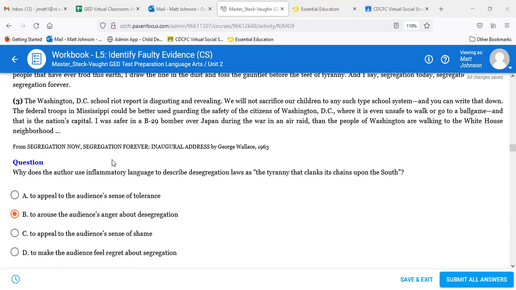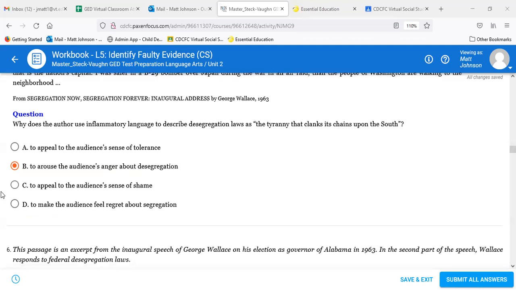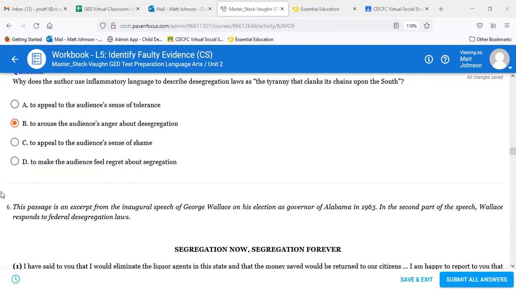Real common tactic, to arouse anger around a particularly contentious, I should say a very important, subject. And in this case, for white Alabama voters, a contentious subject. So, COVID, if you look today at different regulations and stuff, that really sparks really high emotions with people one way or the other.